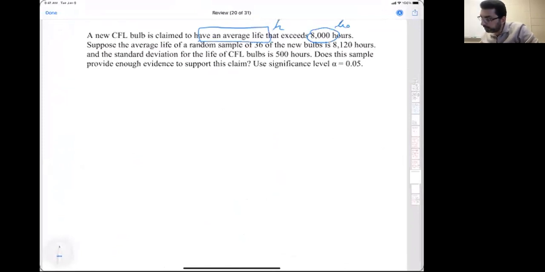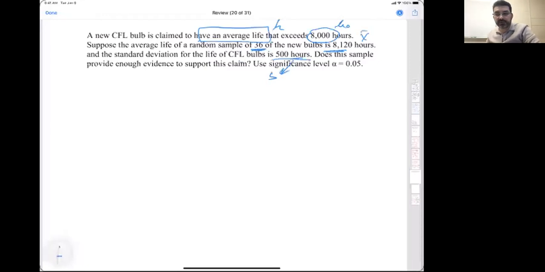This is the sample size, and this is x bar from the sample. And the standard deviation for the life of CFL bulbs is 500 hours, so this is s, the standard deviation. Does this sample provide enough evidence to support this claim? Use significance level alpha 0.05.